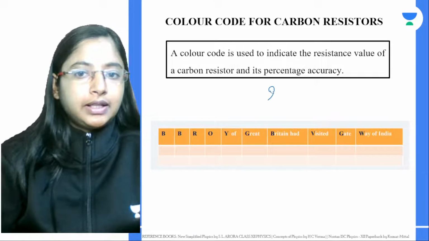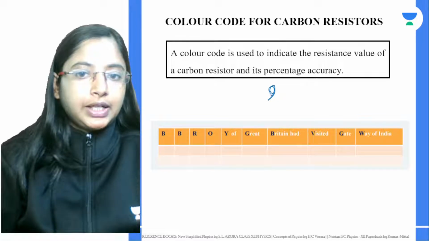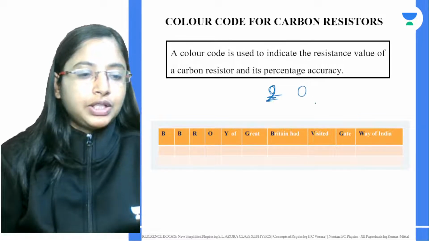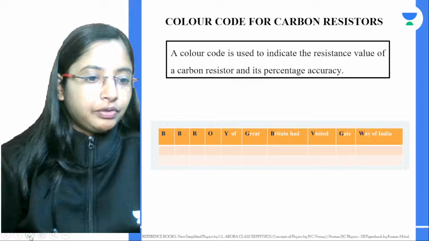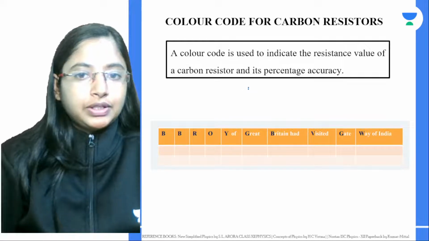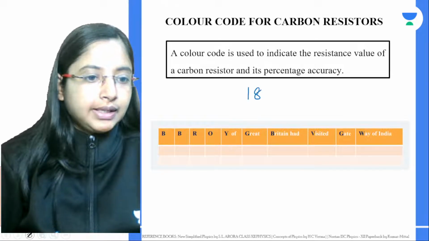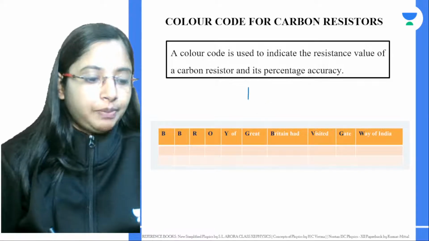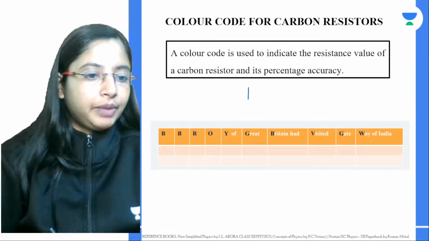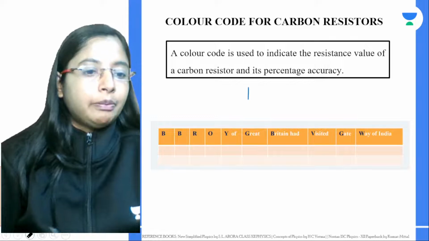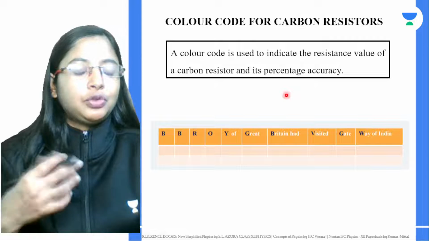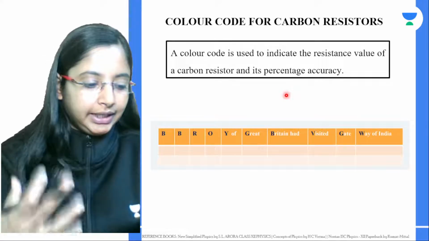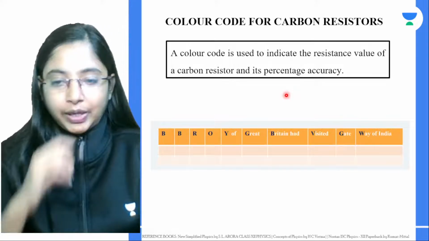Let's say the resistor value is 18. Now let's say during transportation one part of the value is gone and you're just seeing 1. You might think it is just a 1 ohm resistor, but it's actually 18 ohms. This will not make it feasible to use it in electronic circuits. This becomes quite dangerous.